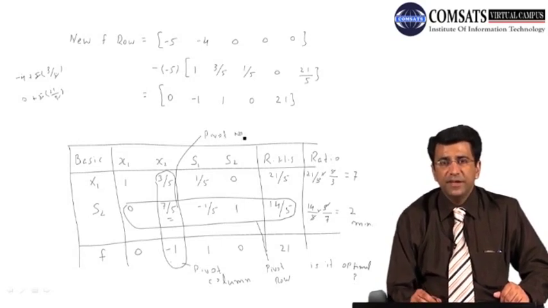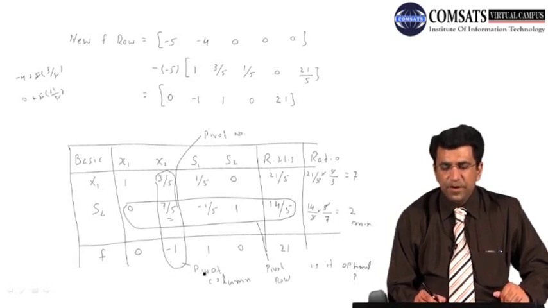After identifying the pivot number, pivot column and pivot row, we have to identify the entering variable and leaving variable. Now let's see the pivot column, the variable x2 is against that pivot column.